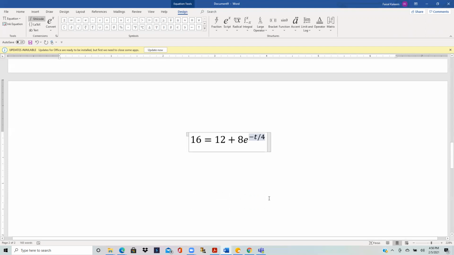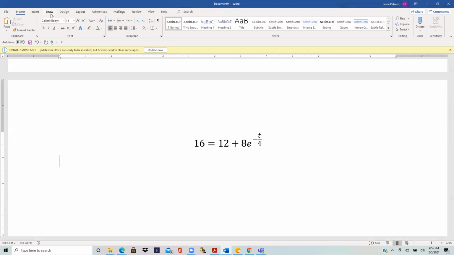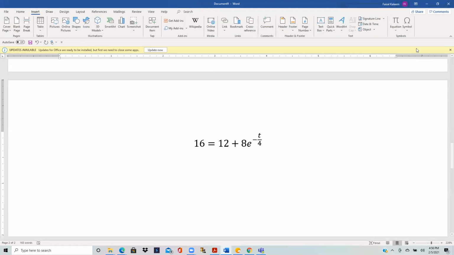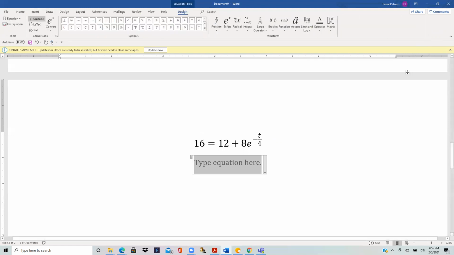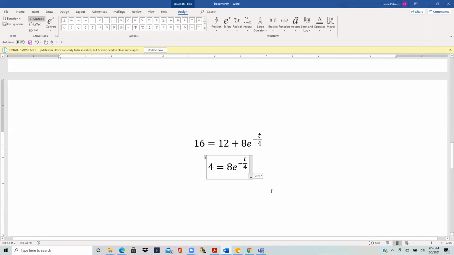Okay, so to solve this, you first subtract the 12. All right, so you get 4 equals 8e to the negative t over 4. Then you divide by 8. So 4 divided by 8 is 0.5.